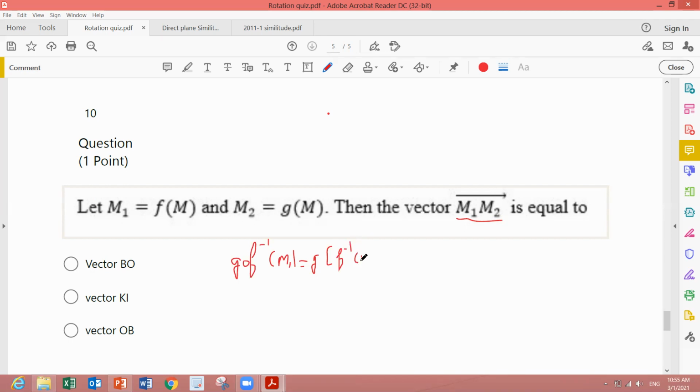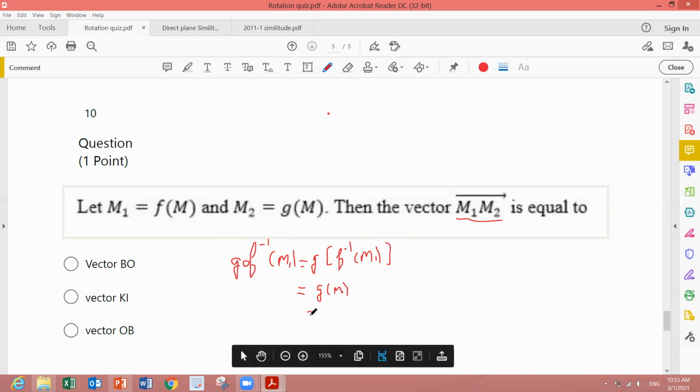What is F inverse of M1? I don't have F inverse of M, I cannot find F inverse of M. What is the F inverse of M1? Is F of M equal M1? So F inverse of M1 is M. G of M is equal to M2.